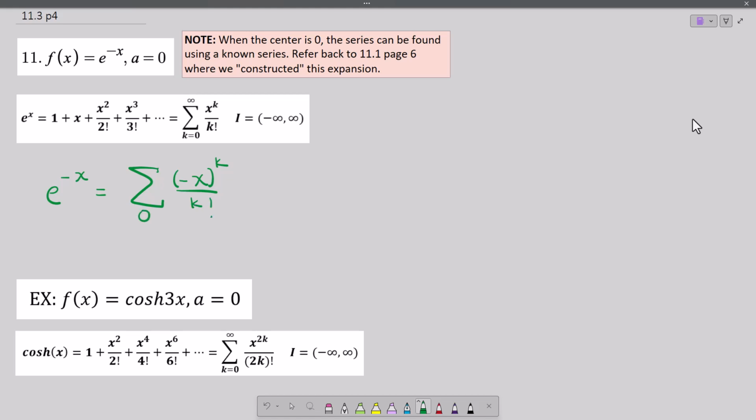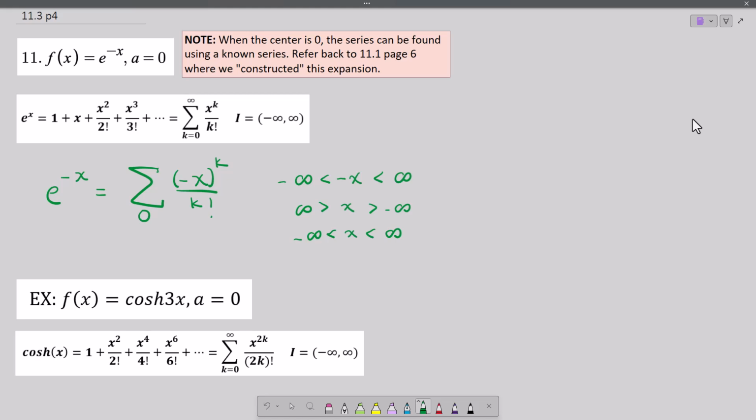Now, because we did a substitution, we need to do that same substitution over here. But when we replace this x with negative x here, and then we multiply both sides by -1, we have to reverse the inequalities. We end up with the exact same interval, which we more comfortably write this direction.